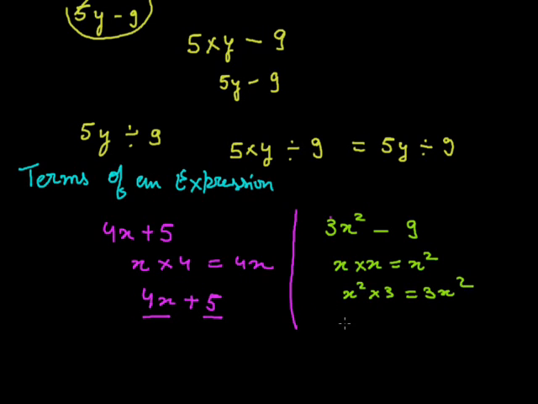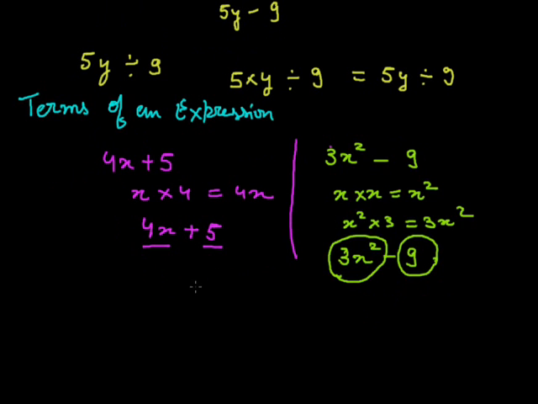Now we subtracted 9 from this 3x square. So first we have obtained the first term, that is 3x square, then subtracted the second term from it, that is 9. So in this expression we have two terms. The first term is 3x square and second term is minus 9.